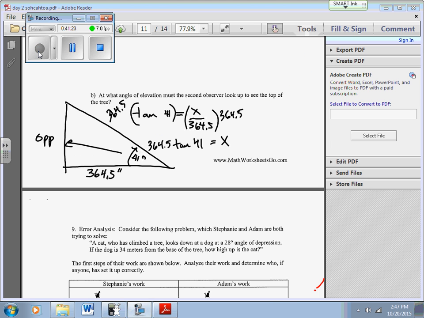All right, so on the problem that we're doing right now, our angle was 41. We got 364.5 inches from the spot where we were standing to the base of the tree. We're going to find the height of the tree.